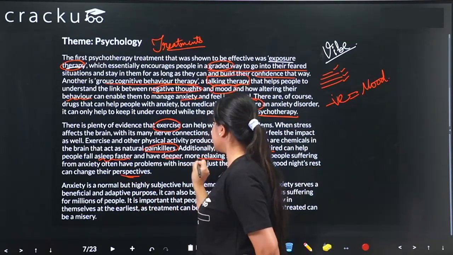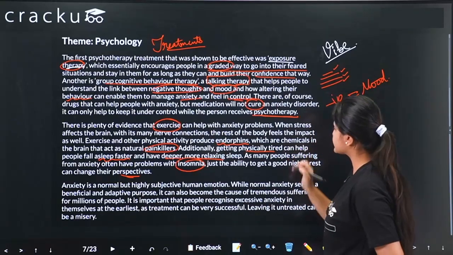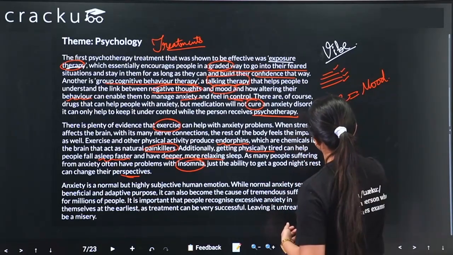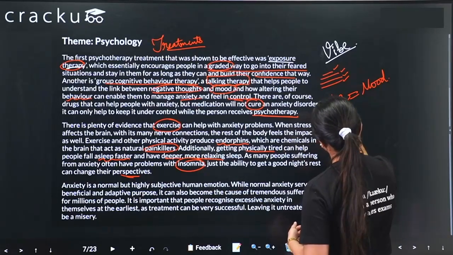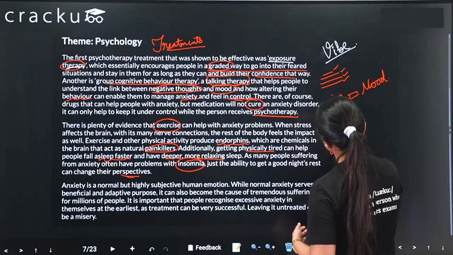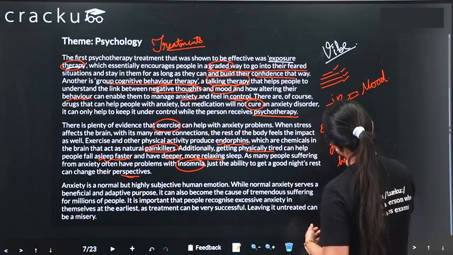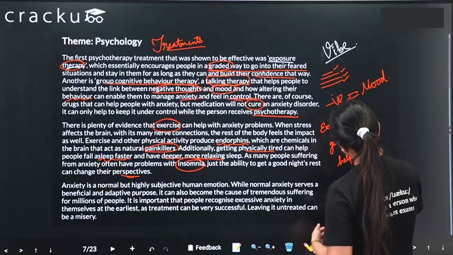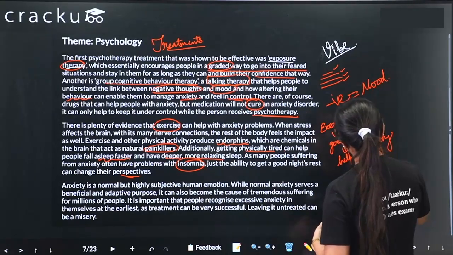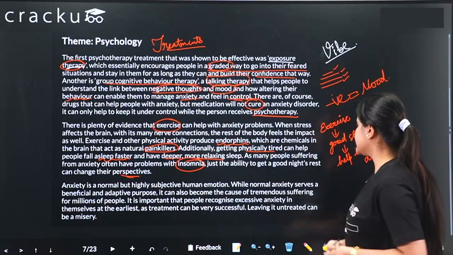So anxiety is related with insomnia also. And if you can get good sleep, which you can get by, so there is a link between exercise, and exercise would make you tired. So you would get a good sleep, and a good sleep would help in anxiety disorder. So there are many ways in which good sleep helps in dealing with anxiety disorder.